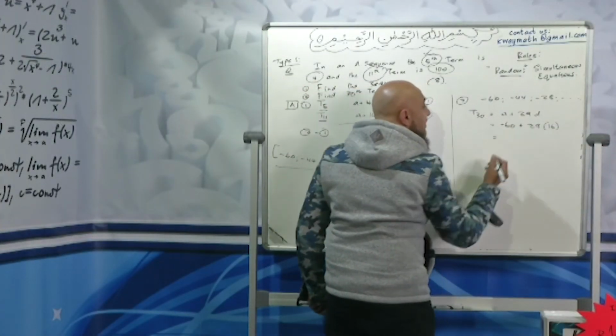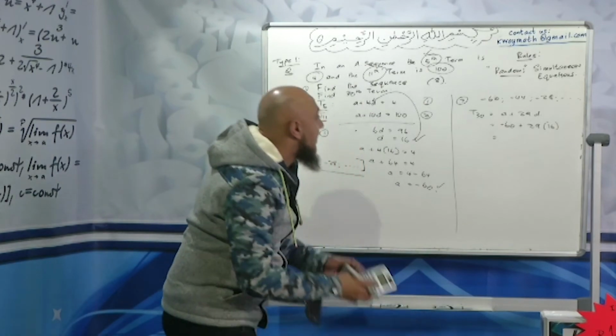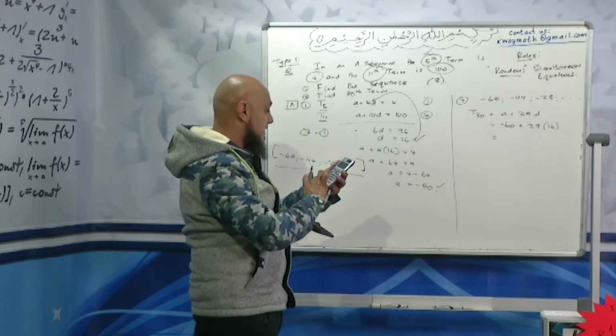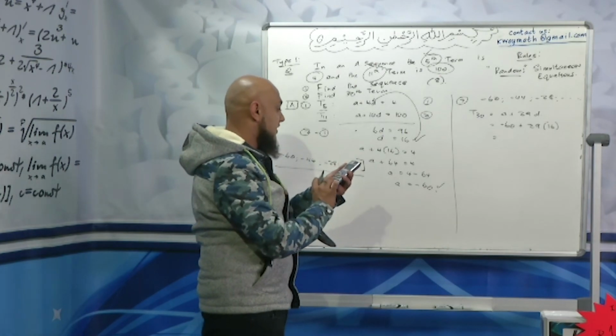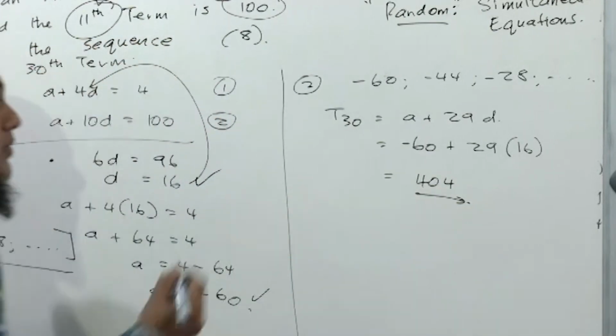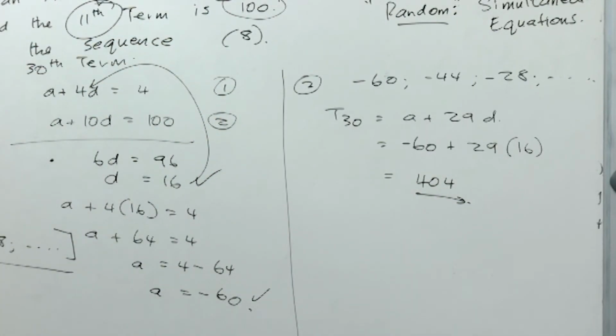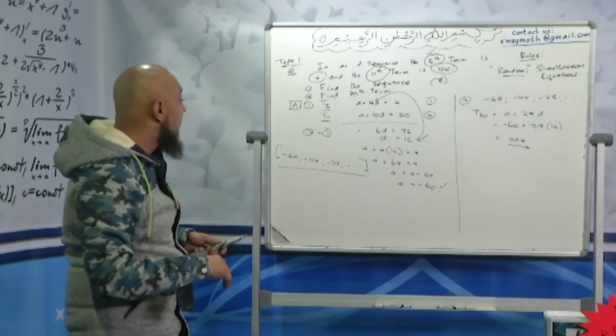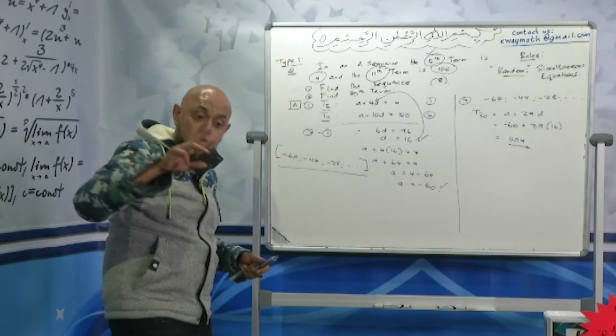So negative 60 plus 29 into 16, close brackets, equals 404. And there we go, boys and girls, that's the answer to question number 2. This was type number 1, where we had two random terms, a random term and a random term, and we used simultaneous equations.